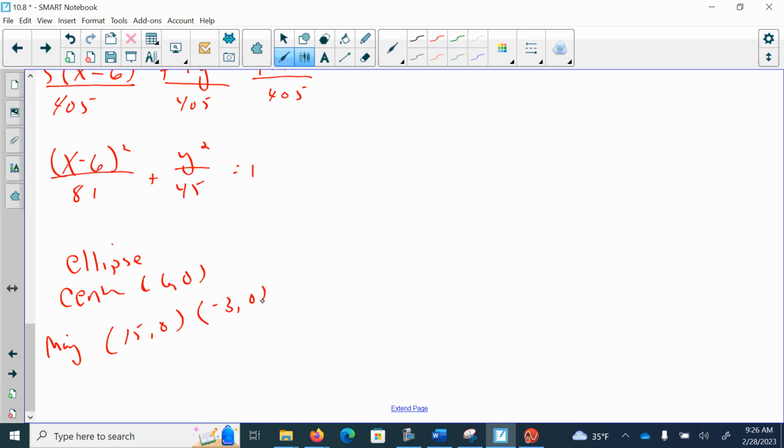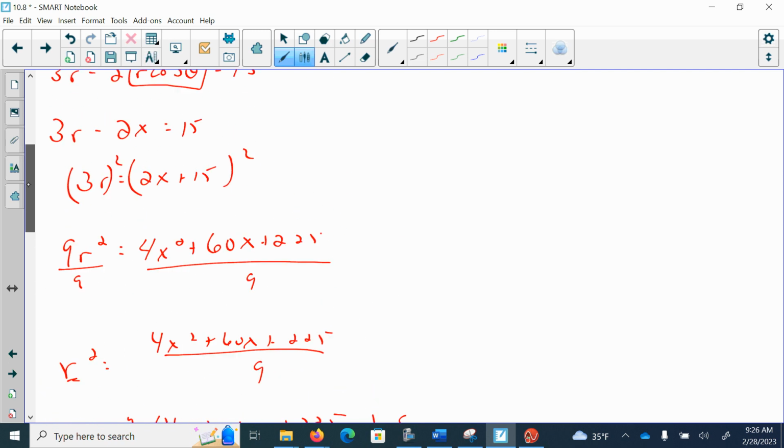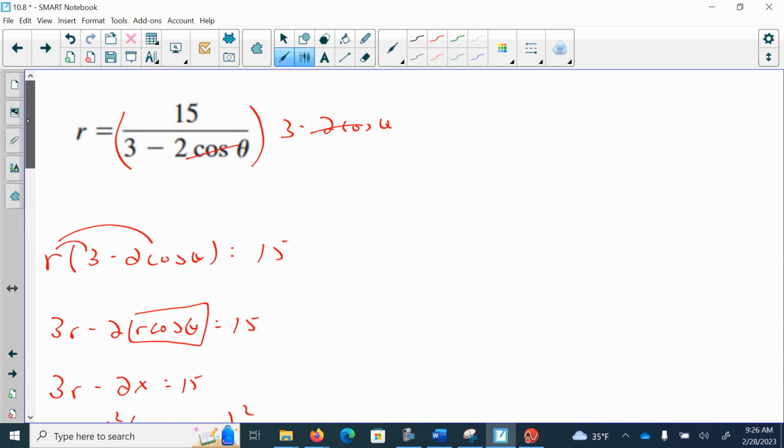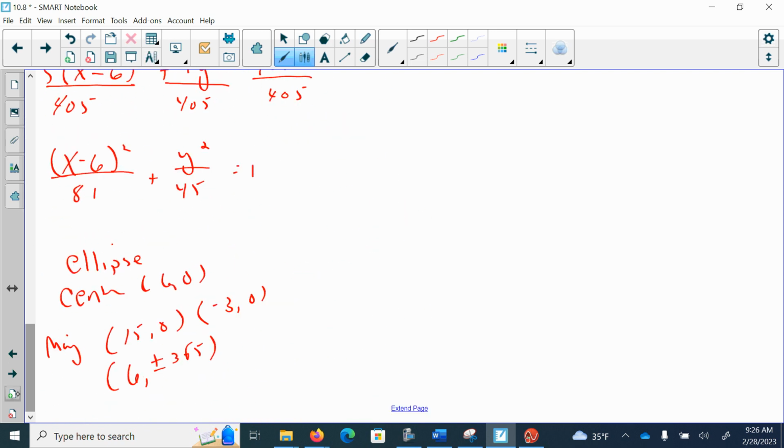And my minor vertices is going to be adding the square root of 45. So 6 and then plus or minus square root of 45, which would be 3 times the square root of 5. And that's it. That's all I have to do. So I took a polar equation and rewrote it into rectangular. By putting it into rectangular, I can identify the shape as an ellipse.